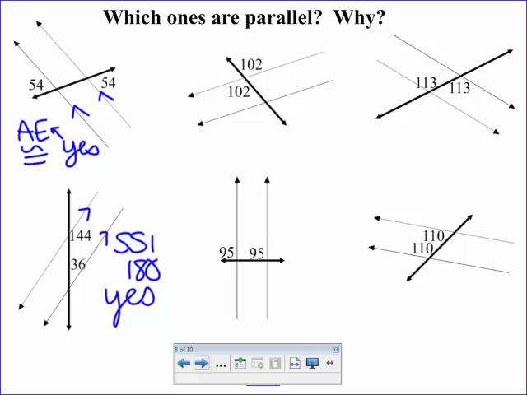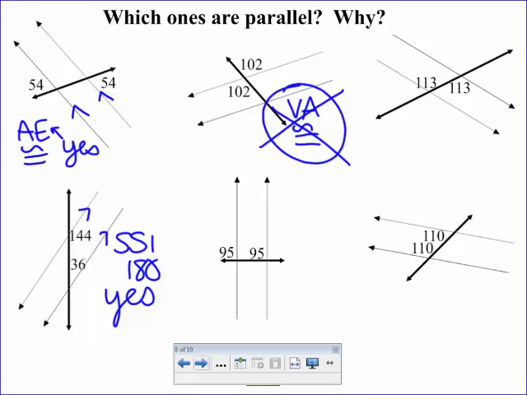All right, moving on, 102 and 102, these are vertical angles. Vertical angles are always equal or congruent, but we're talking about parallel here. Was vertical angles on our chart in the beginning of this section that we said supplementary and congruent? No, because vertical does not imply parallel.